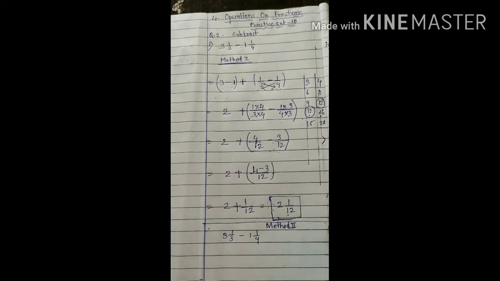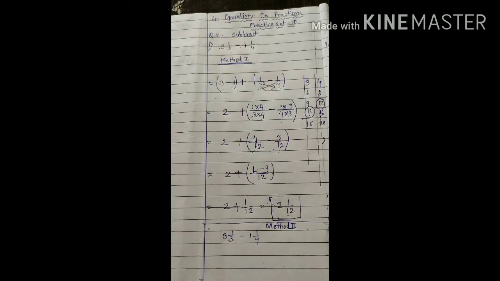Okay, so you have to convert this mixed number into an improper fraction. पहले आपको क्या करना है, ये mixed number को improper fraction में convert करना है, which we learned in practice set number 9.